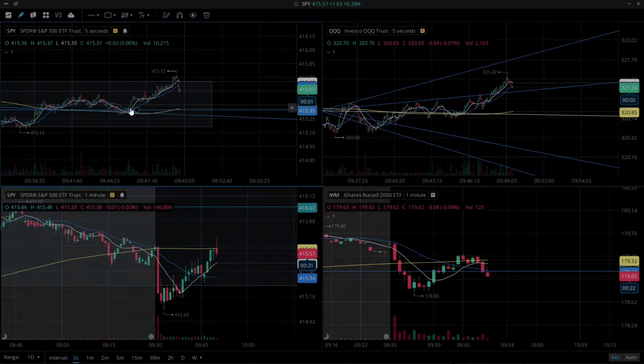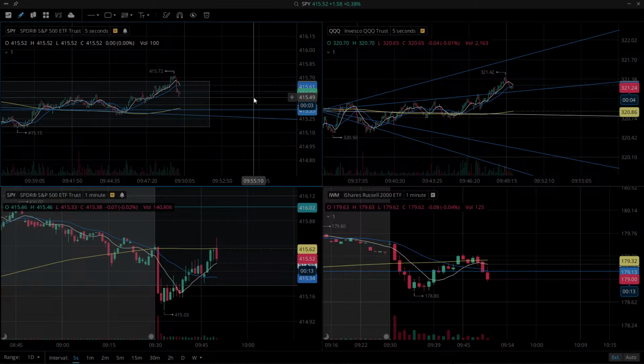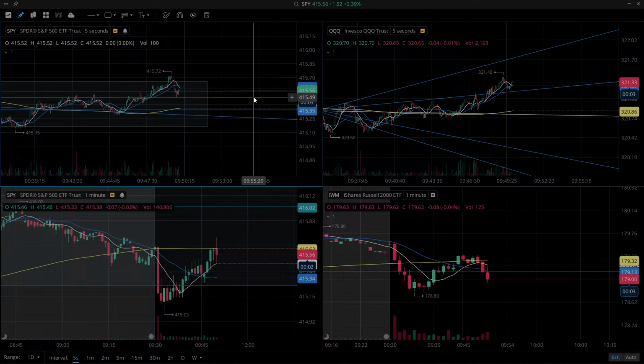Pull back nice and beautiful, right to half the move. Q tapped the top of that second zone or division.